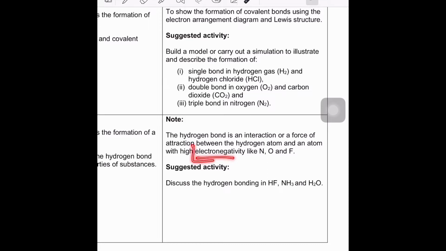Apa maksud electronegativity? Kemampuan atau kecenderungan untuk menerima elektron. Ada 3 atom yang ada high electronegativity, iaitu nitrogen, oksigen dan fluorine. So hydrogen bond ni sebenarnya adalah interaksi ataupun daya tarikan antara H dengan N, H dengan O dan H dengan F.